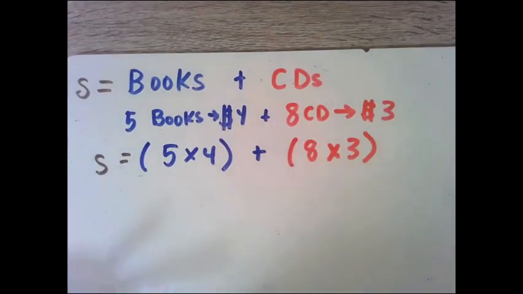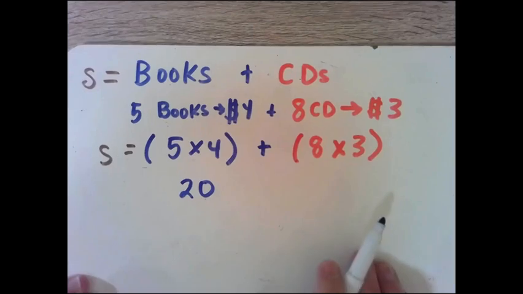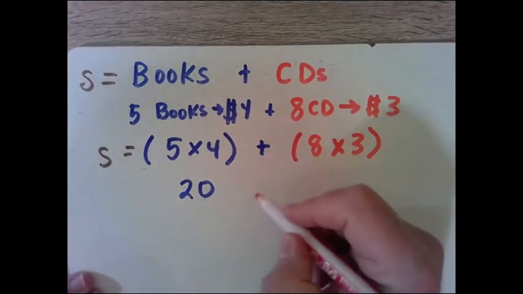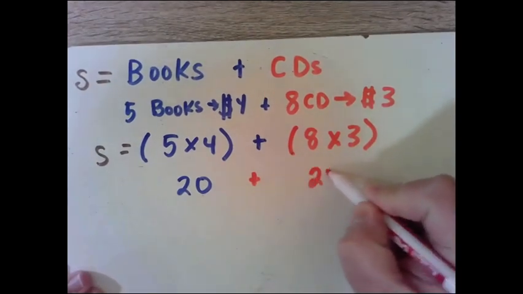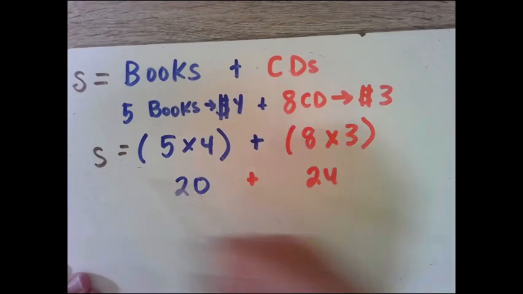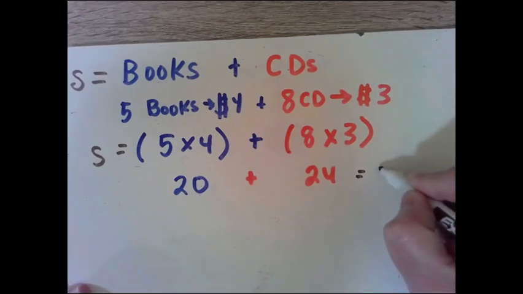Now, we can solve this, but that's not what the problem is asking for. But if you're curious, it would be 20 plus 8 times 3 is 24. So the total, 20 plus 24, would equal 44.